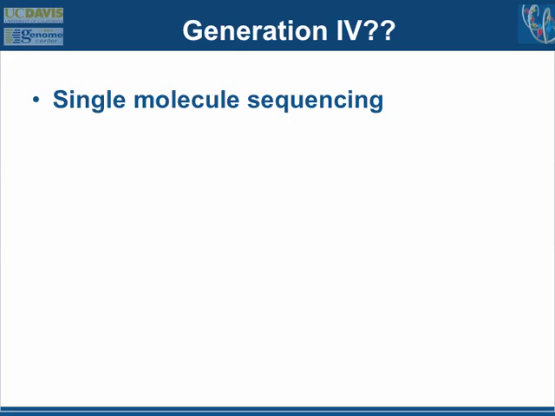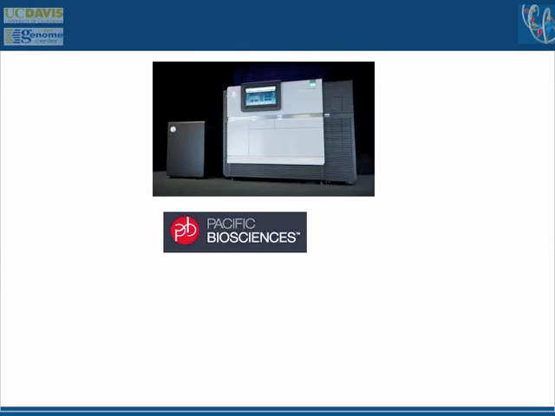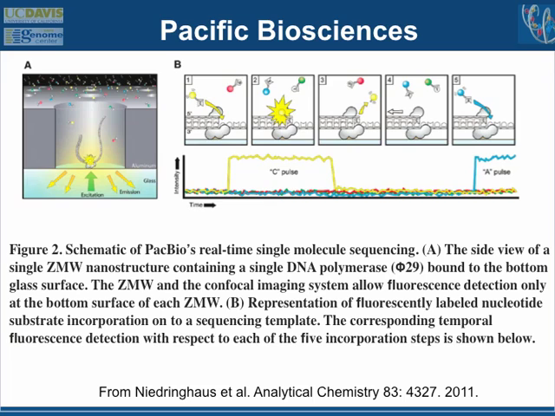And what I consider the fourth generation of sequencing are what are called single molecule sequencing methods. So all the methods I've talked about so far generate some type of cluster or collection of copies of an individual piece of DNA. There are now these DNA sequencing methods that actually sequence single pieces of DNA. The one that I assume many of you have heard of is Pacific Biosciences.